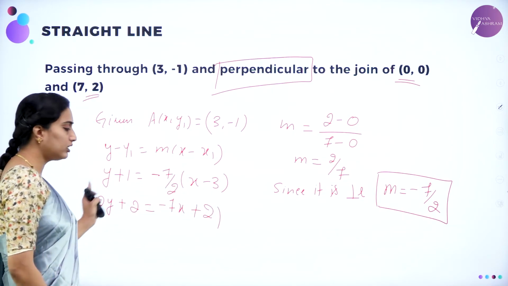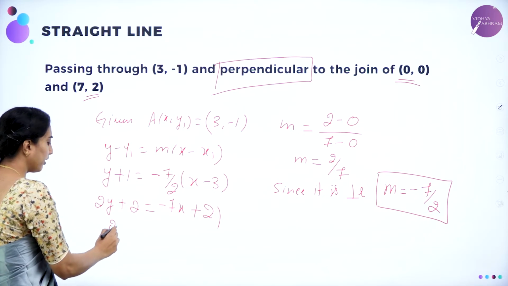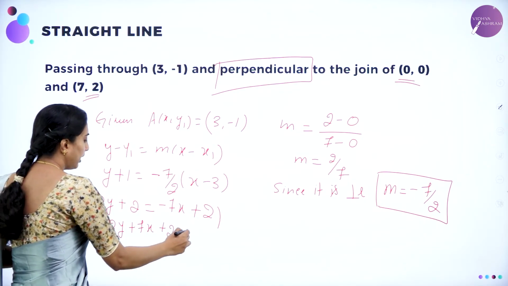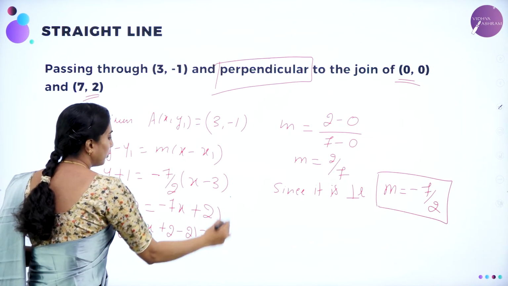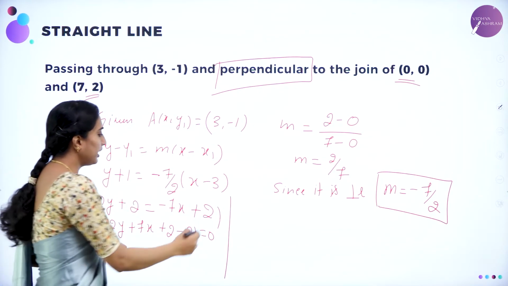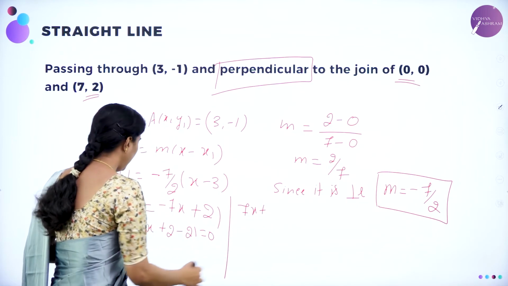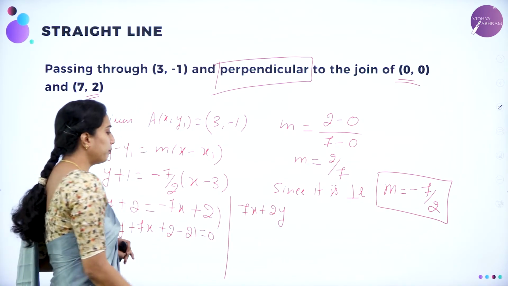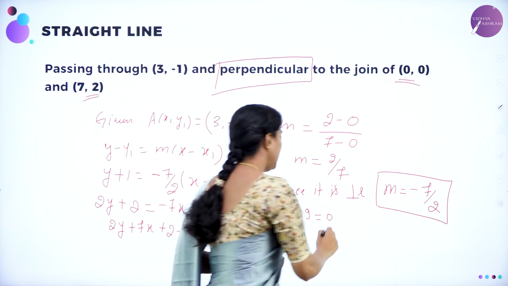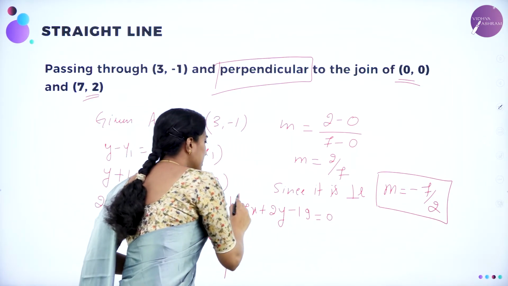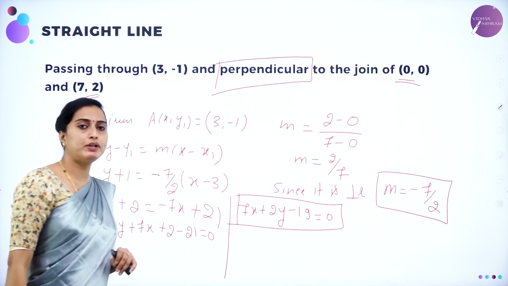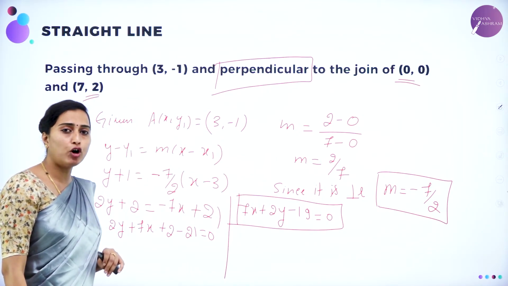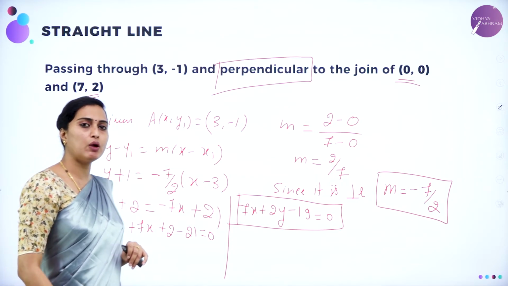Now you can take all the terms to this side, which will become 2y plus 7x plus 2 minus 21 equal to 0. Otherwise, you can write it as 7x plus 2y, 2 minus 21 will become minus 19, equal to 0, which is in the form of ax plus by plus c equal to 0.